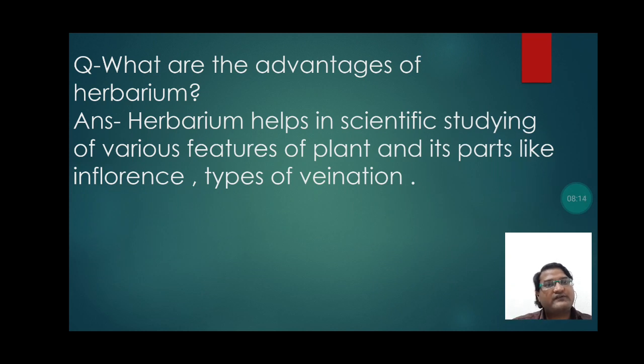Now students, let's discuss a very important topic, that's a question: what are the advantages of herbarium? So this is the most important topic of your book, that what is the advantage of herbarium.